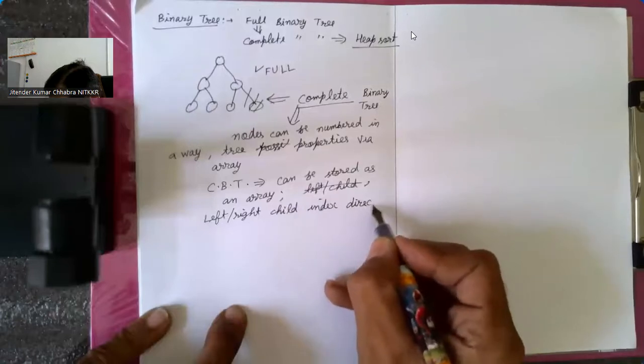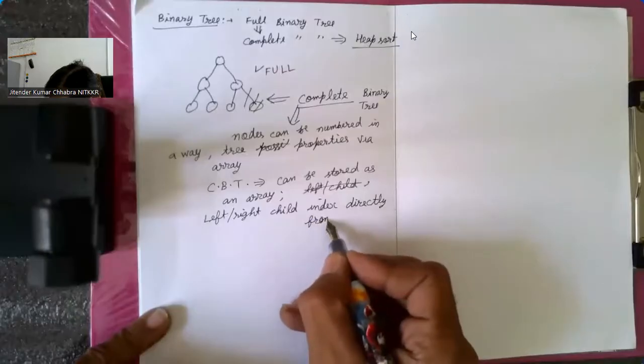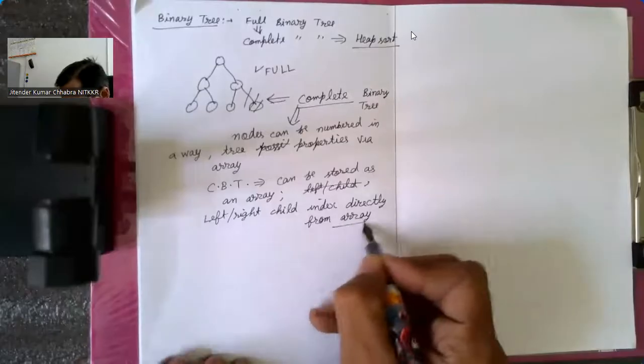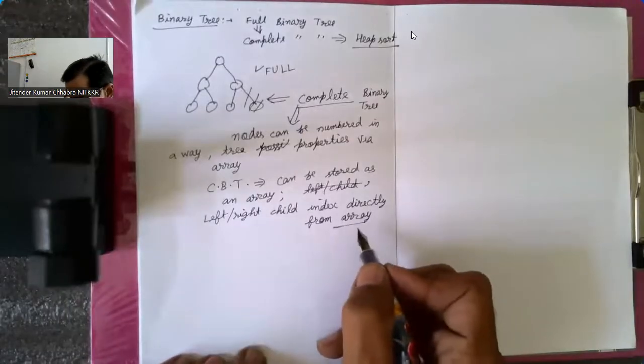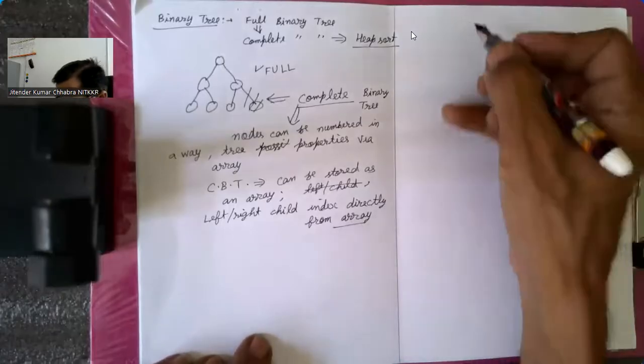And hence, it can be used in the array, so no need to explicitly store the tree. And once it is an array, then if I want to implement some sorting over the array, that becomes possible. How does all this become possible?